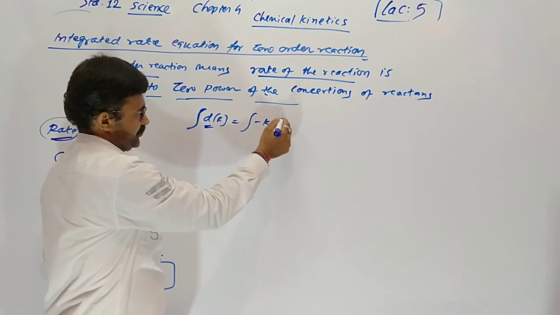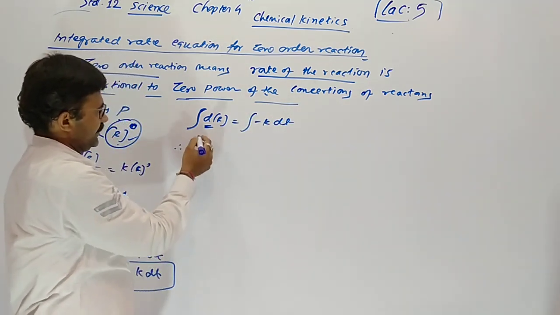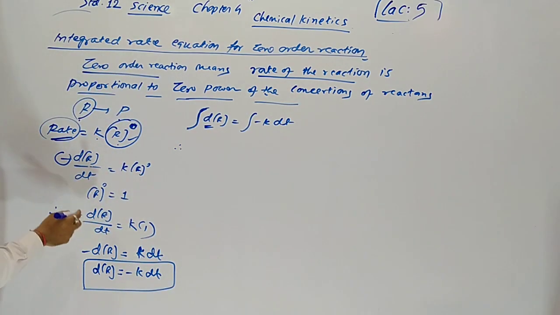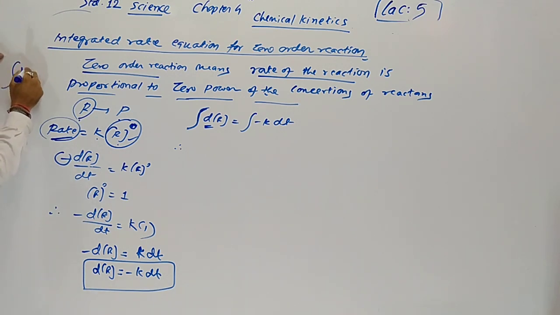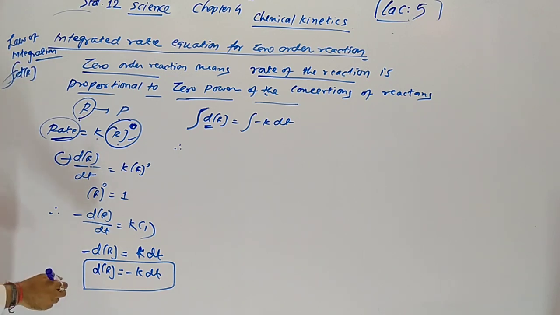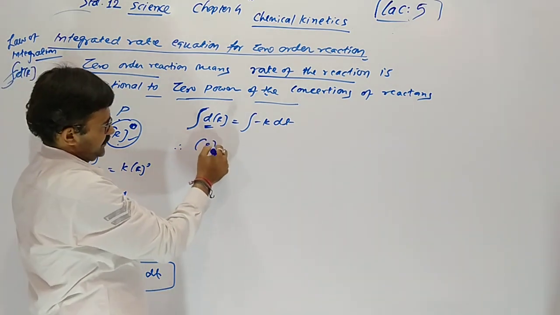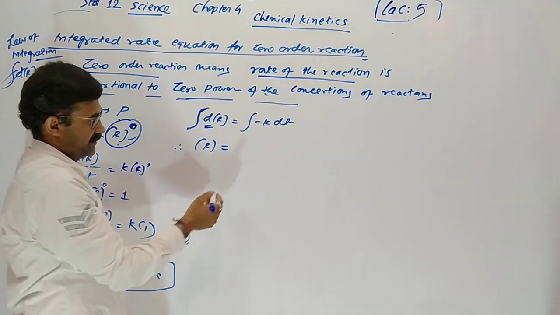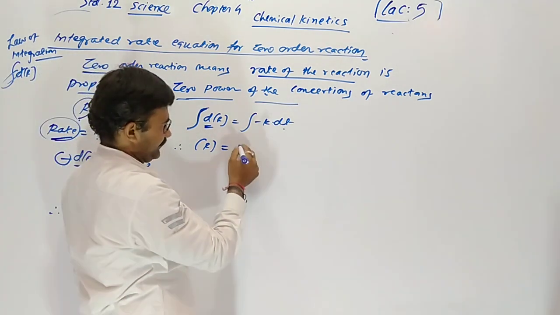Minus k into dt. When we take integration, there is the law of integration: derivative and integration cancel, so here it should be R. Here there are two terms, k and dt.